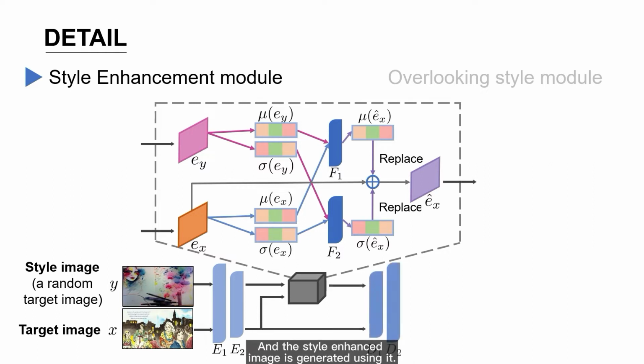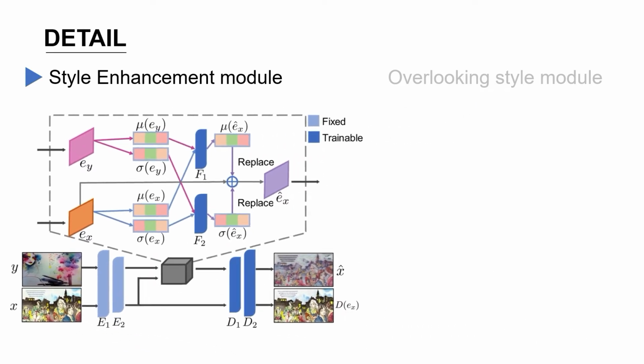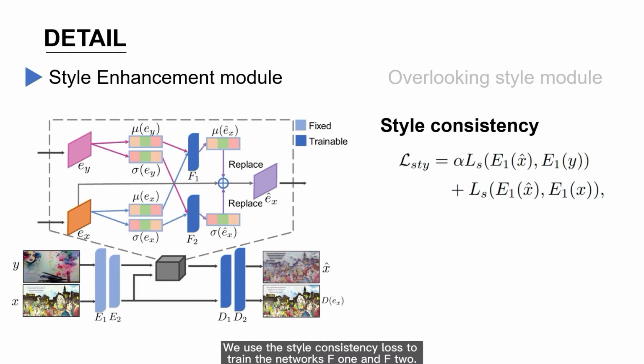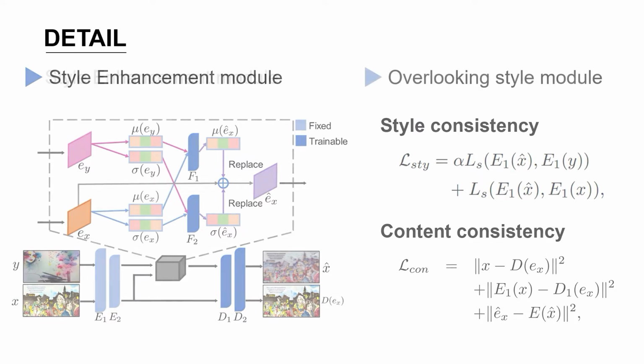And the style enhanced image is generated using it. We use the style consistency loss to train the networks F1 and F2, while the decoder is trained via the content consistency loss.